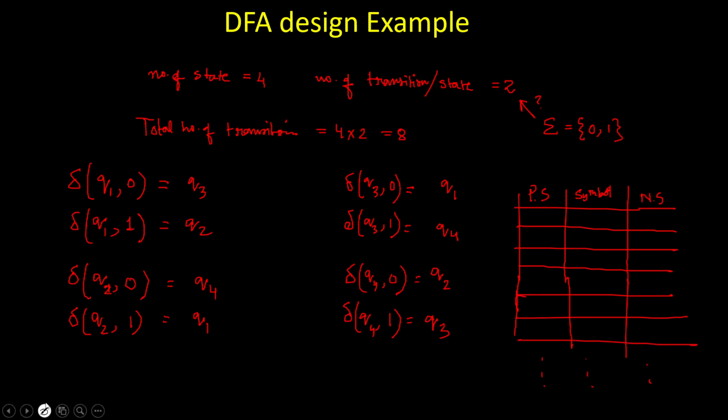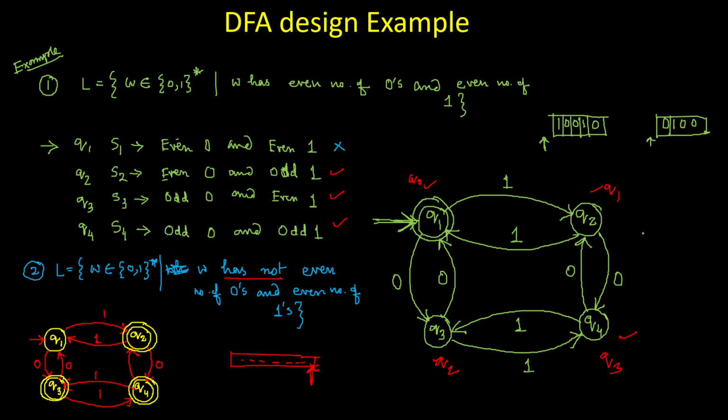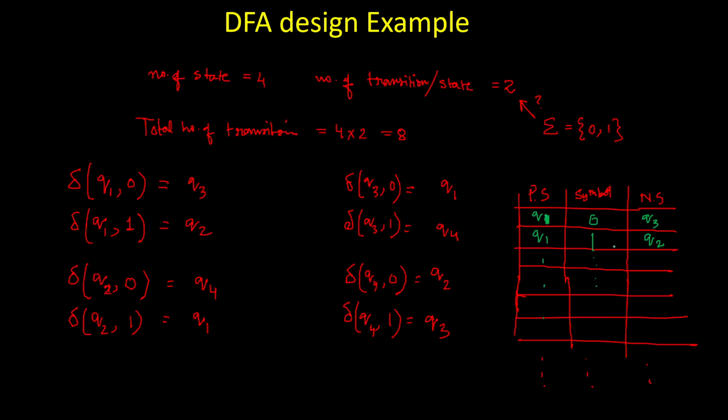So you can easily write, if you are in Q1 and you get 0, then you will go to Q3, like this. If you are in Q1 and get 1, you will go to Q2. So the same information you can express in different forms. This is the way by which we can express the finite state machine, either by the state diagram, or by the transition function, or by the transition table. That's all.